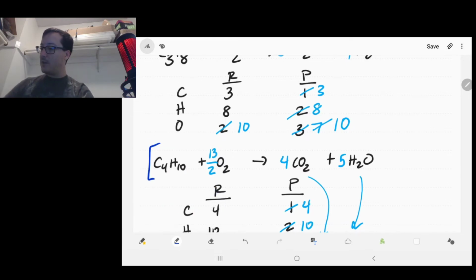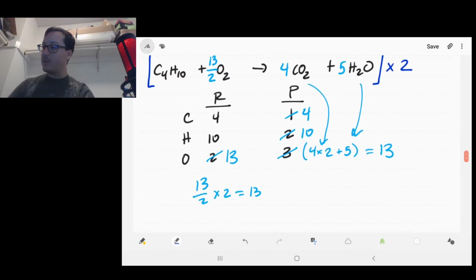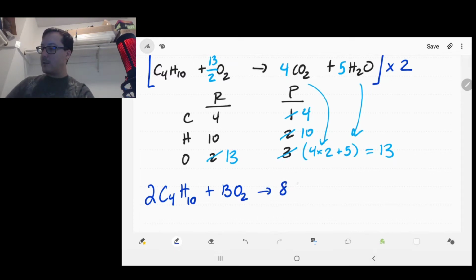And by doing so, we end up with 2 butanes plus 13 oxygens turns into 8 CO2s plus 10 H2Os. Multiplying everything by 2 cancels out our fraction, and we're left with whole numbers.